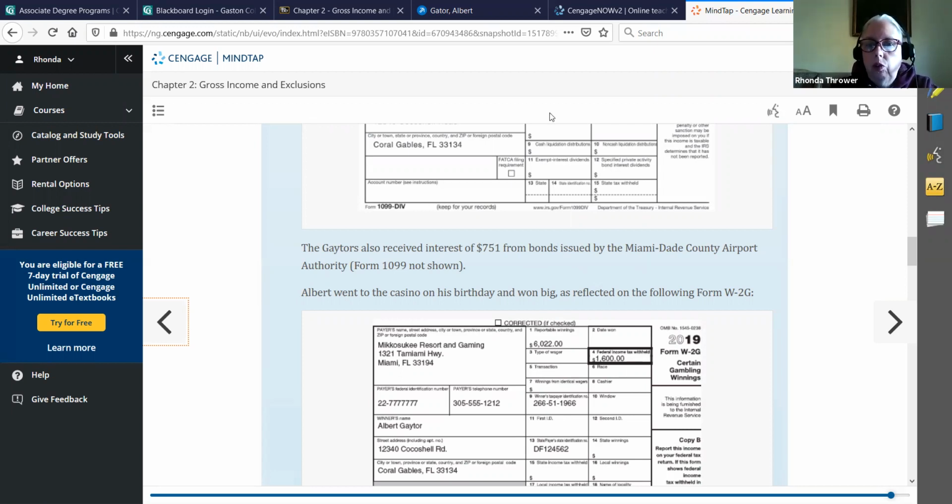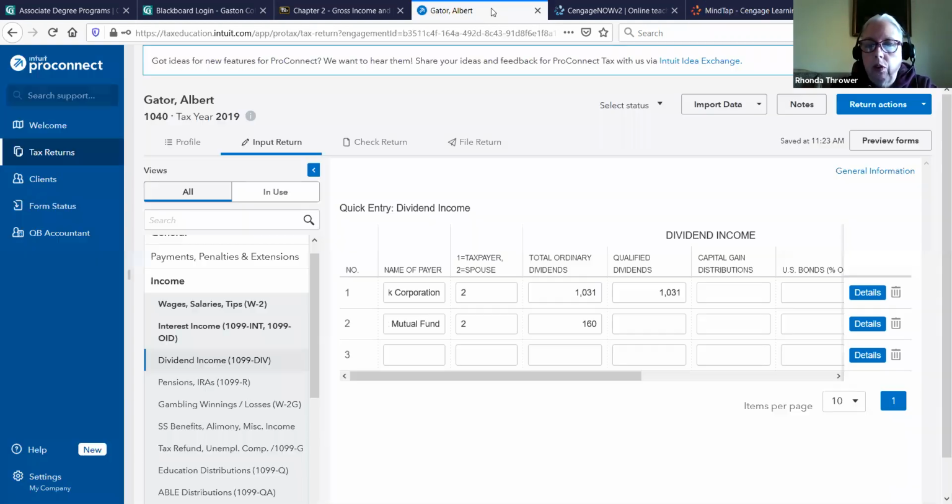So what I'm going to do is I'm going to go back to ProConnect. This is a bond this time that we received from Miami-Dade Airport.